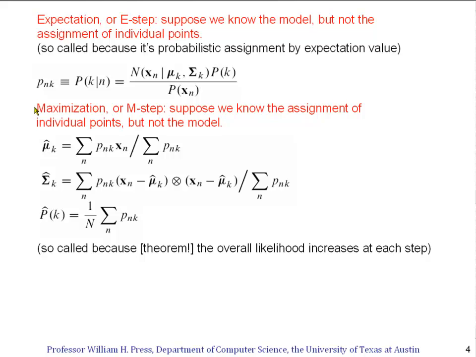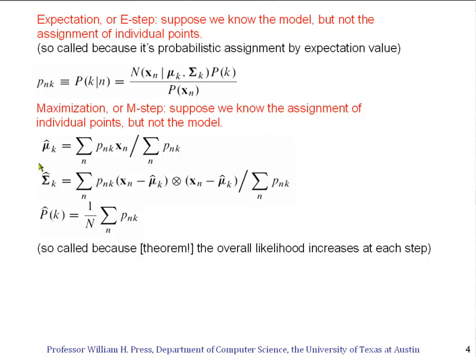That's where the M step, or maximization step, comes in, because that's exactly the other way around. It says, suppose we know the assignment of the individual points, but we don't know the model. And here's where we use this property of Gaussians that we've discussed before, that it's very easy, given a set of points in a Gaussian, to fit for which Gaussian it is.